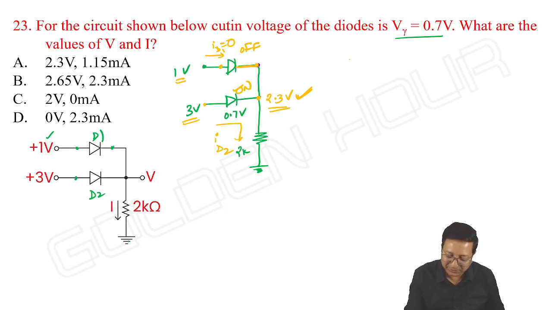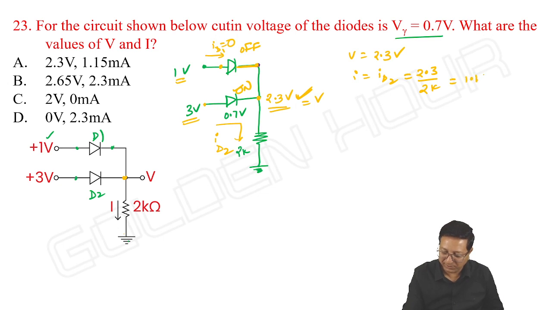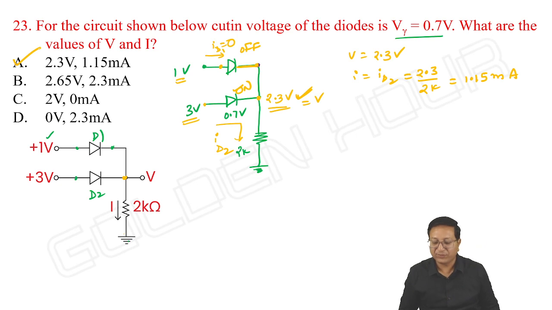And what about ID2 then? What did they ask? V and I. What is V? V means the voltage at this point with respect to ground. This is our V. V is equal to 2.3 volts. And I means I is equal to ID2, which is 2.3 volts divided by 2K. It is 1.15 milliamperes. Option A is correct.